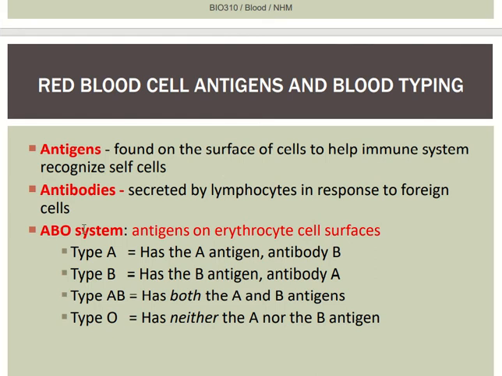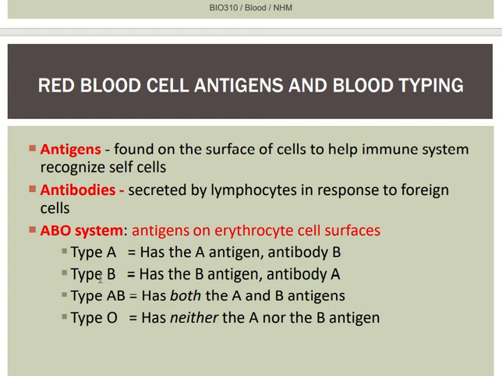In the ABO system, there are different antigens on the surface of the erythrocytes. Type A has the A antigen. Therefore, it does not recognize antigen B, and it produces antibody B to protect the type A blood.